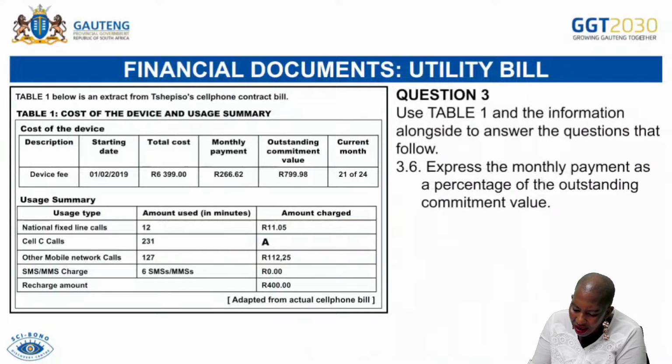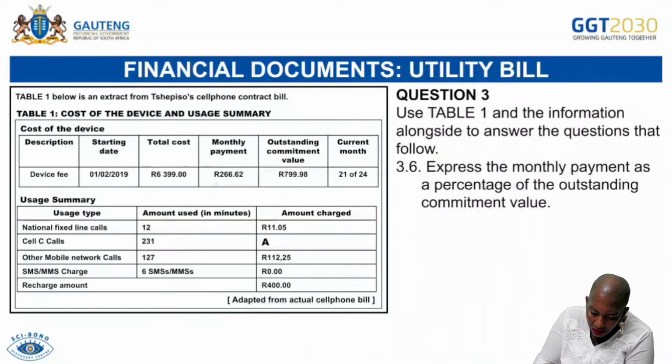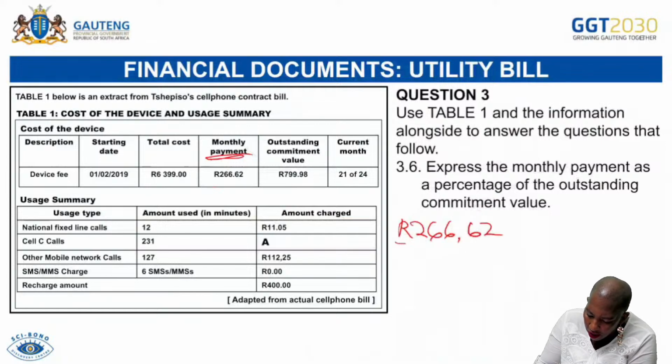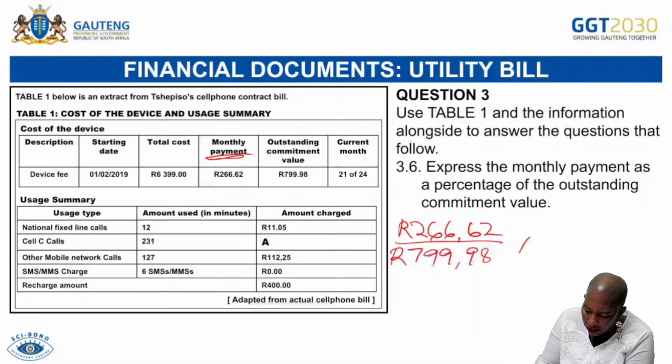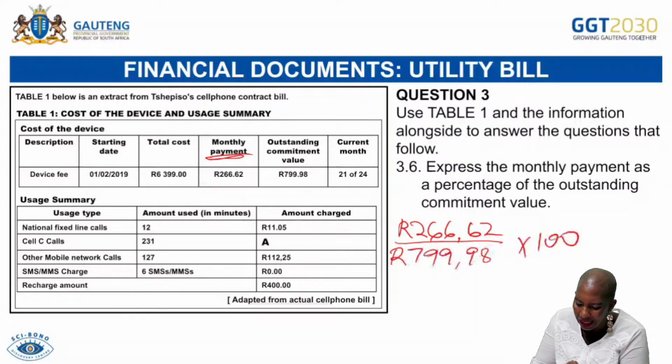Express the monthly payment as a percentage of the outstanding commitment value. So how much is our monthly payment? Here is our monthly payment. Our monthly payment, it is 266 rand 62, and then we divide it by the outstanding commitment value, it is 799 rand 98 cents. And then because they said as a percentage, we have to multiply by 100.